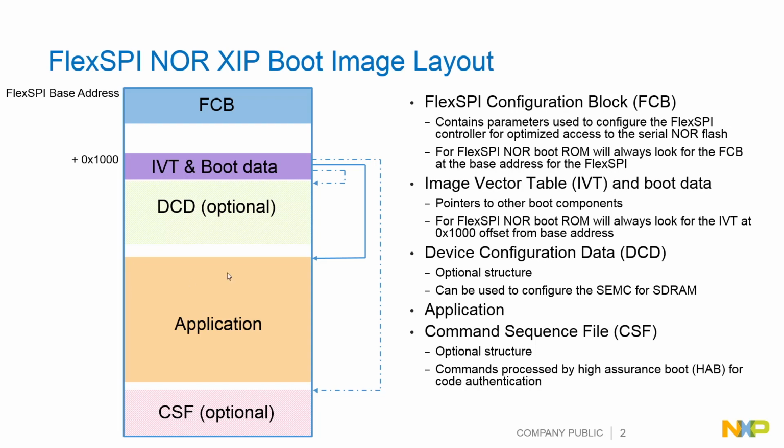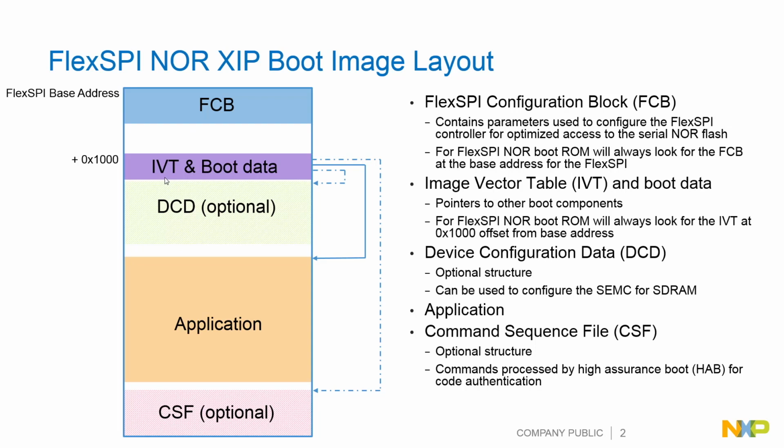Starting with the FCB here, this is your FlexSPI configuration block. This data structure is used to provide parameters to the ROM that the ROM will then use to configure the FlexSPI controller in the optimal configuration for accessing the FlexSPI flash. And it will always be located as the very first address within the FlexSPI region of the processor.